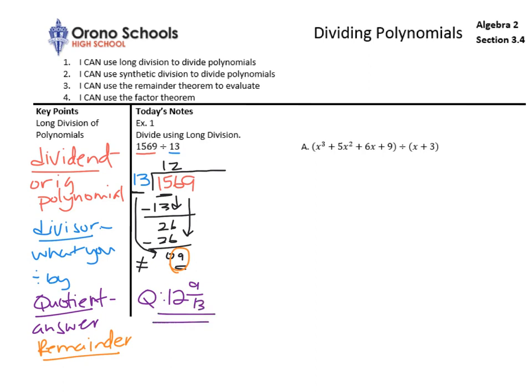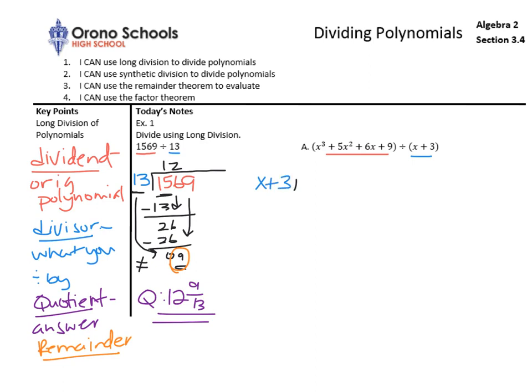If that looks familiar with just numbers, it'll be that same process with polynomials. Your dividend is going to be the big polynomial like a cubic or a quartic function. Your divisor will be the smaller polynomial that you're dividing by. That will go on the outside.